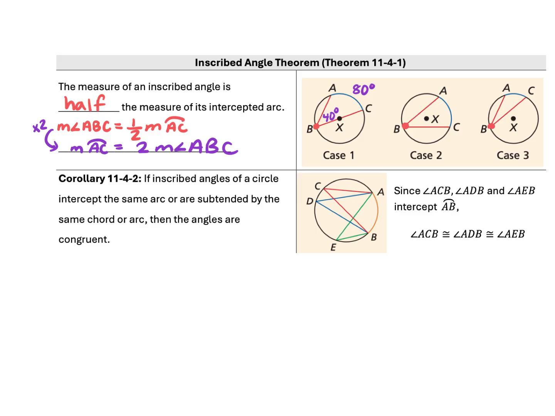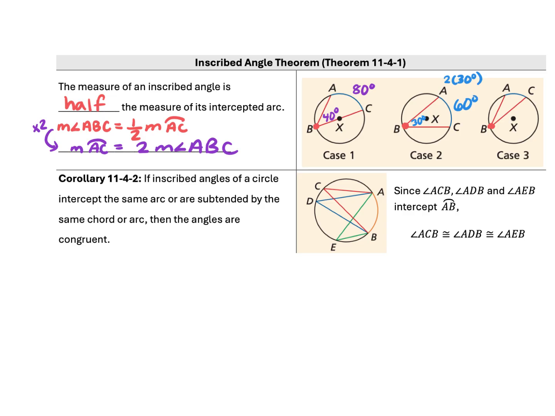As an example, suppose in case 2 that we knew the inscribed angle was 30 degrees. If we know the inscribed angle, we can just double that, 2 times 30, to determine that the intercepted arc, arc AC, would be 60 degrees.